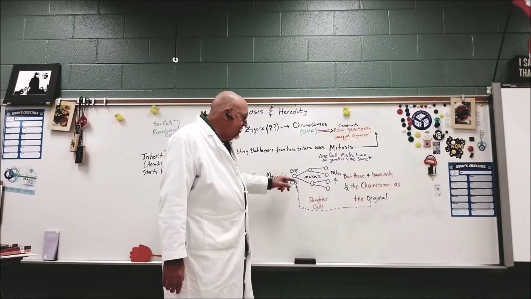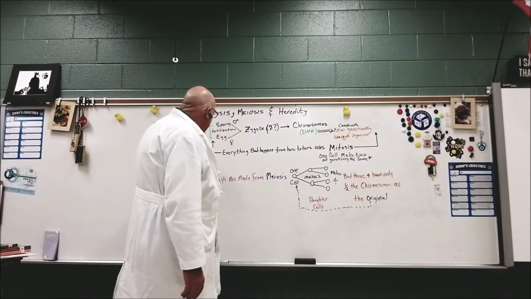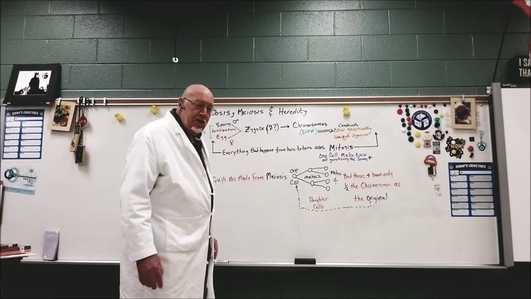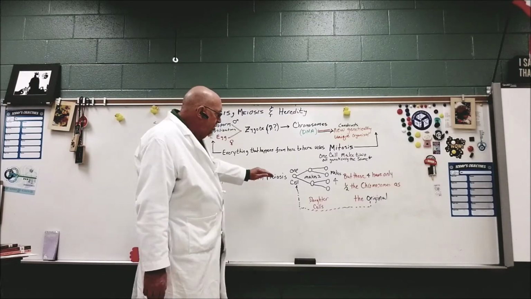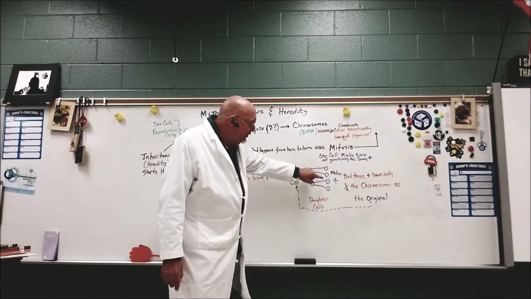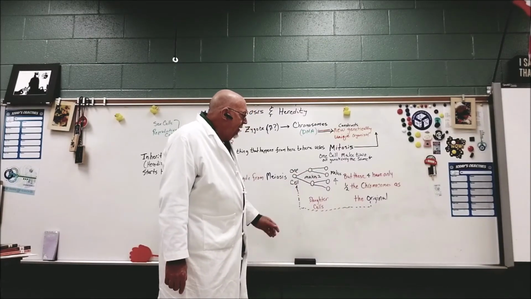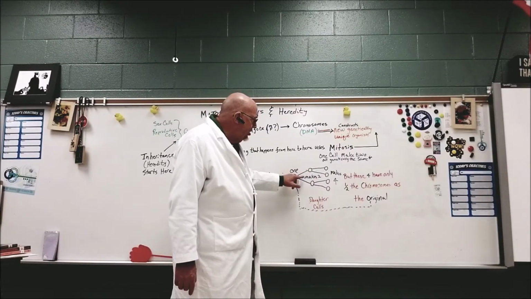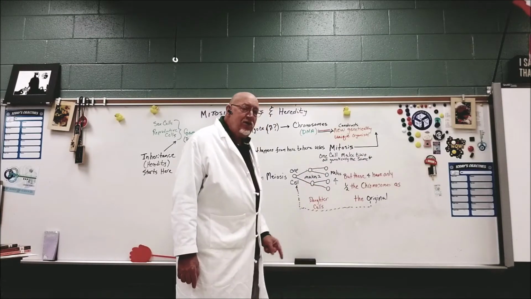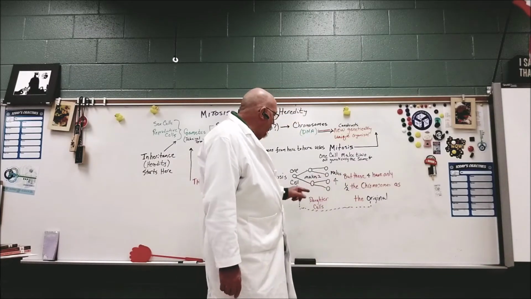Now, these two cells that it makes have all 46 chromosomes of either the mother or the father, one of the two parents. Then those two cells will divide again and create four, and these are all called daughter cells. So one cell makes two, and then those two cells make two each. And now these last four cells only have half of the chromosomes of the original one.